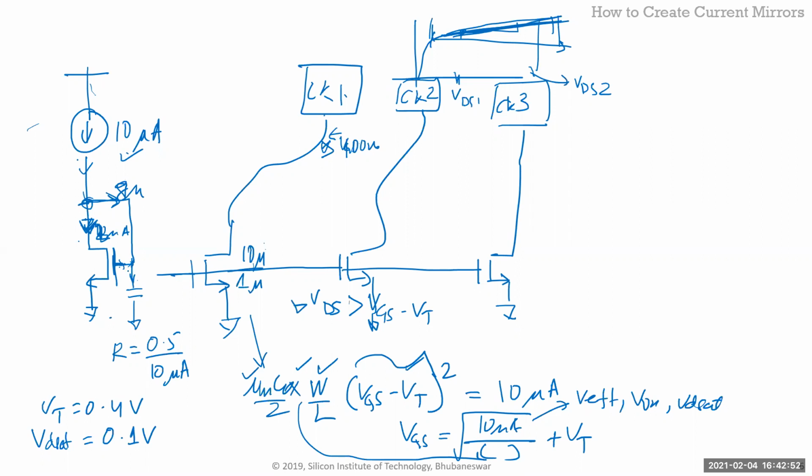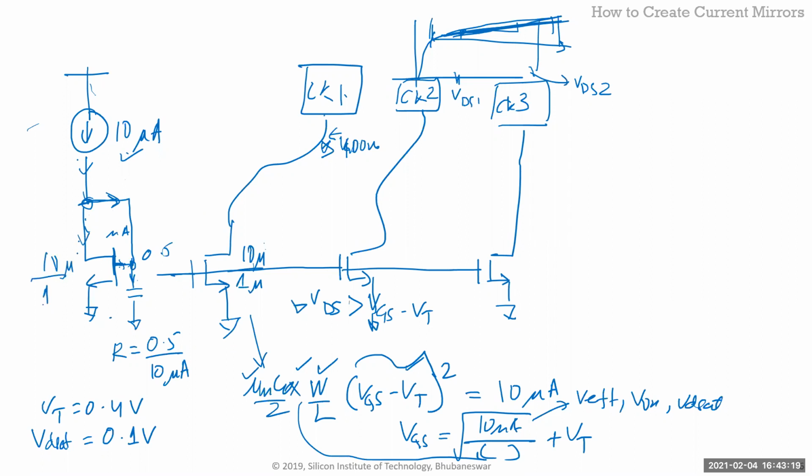So if I do this, this will automatically turn to 0.5 volts. No, 0.5 is fine, right? That's what we just said. Because this is 0.5, what is the current here?